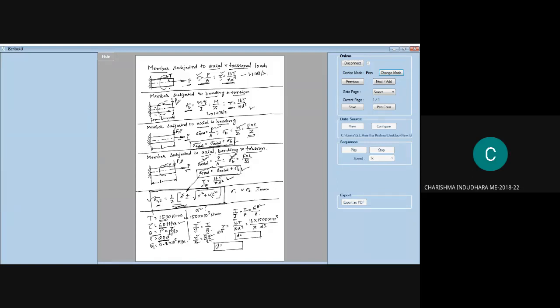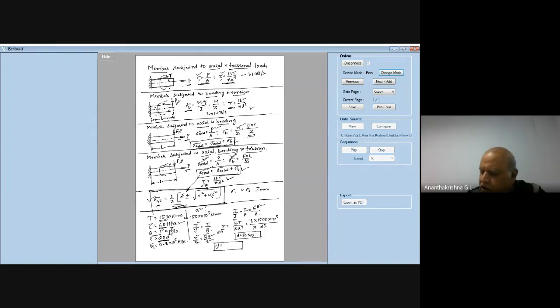50.31. 50.3. Yeah, that is 50. Round it off to the next higher whole number, 51 mm.